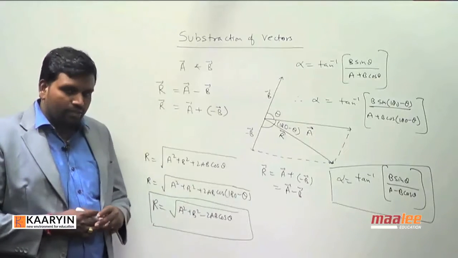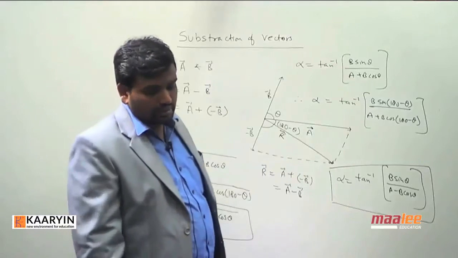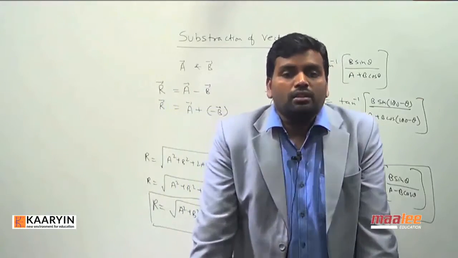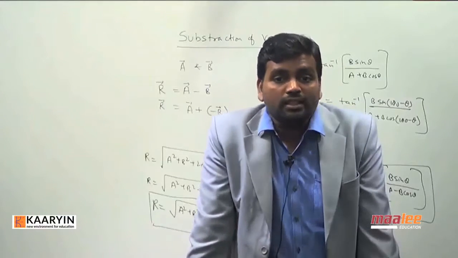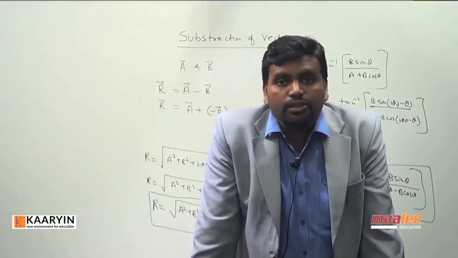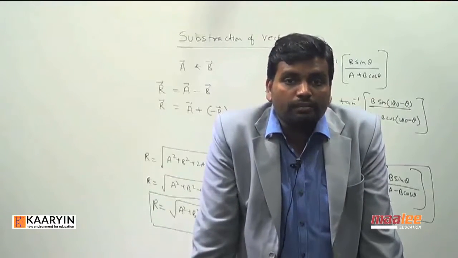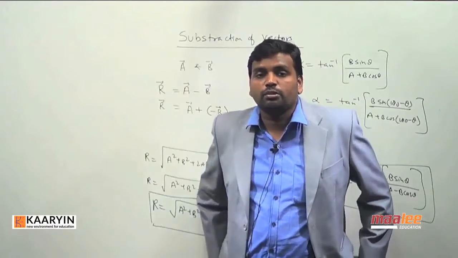So, when you are adding two vectors, what is the formula? Suppose two vectors are there, A and B, and the angle between them is theta. When you add them, you get some resultant. To find its magnitude, the formula is R is equal to root of A square plus B square plus 2AB cos theta.